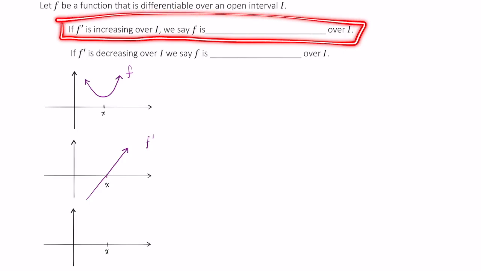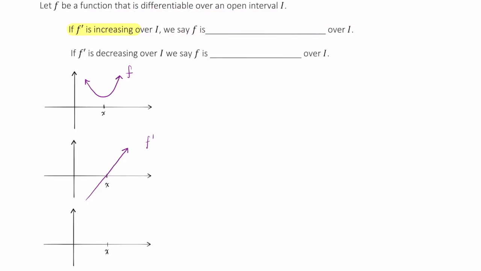F prime is increasing. Now, that means we say what? Well, you can think of this as a cup that's pointing up that can hold liquid. So here's a wine glass or a funky martini glass that holds liquid. So this is concave up. And now, just to help us get into the test for concavity, let's look at the second derivative of this function.